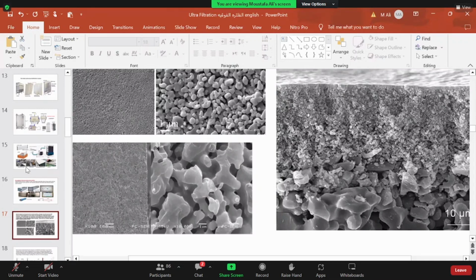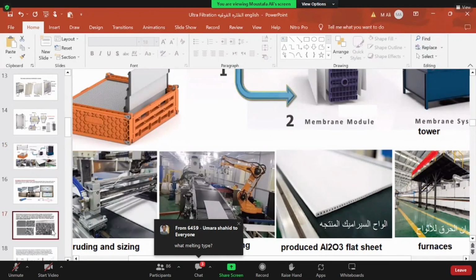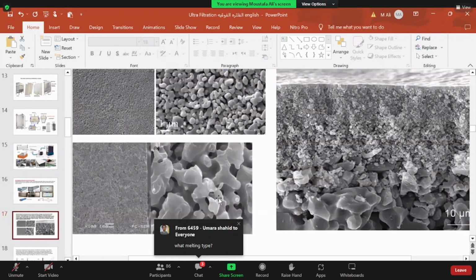So we have these plates consisting of large particles from 10 to 50 micron, and as I said, it goes through the furnace to have incipient melting.